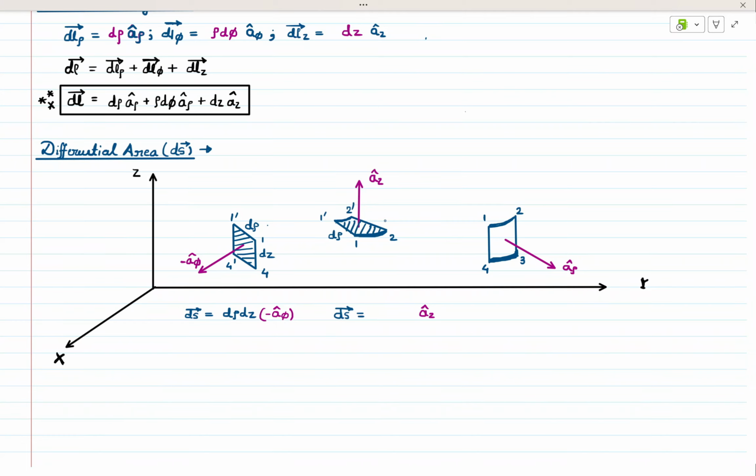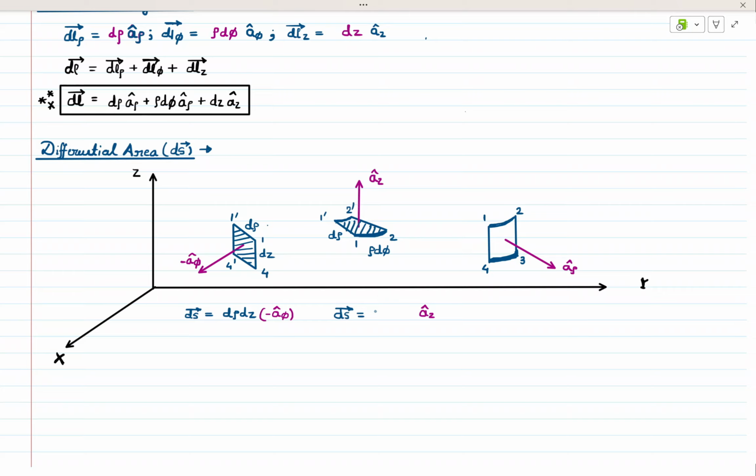This side is also d-rho, that side is also d-rho. And this length is the rho d phi. I have already talked about how the rho d phi came over here. So what will be the magnitude of this area?